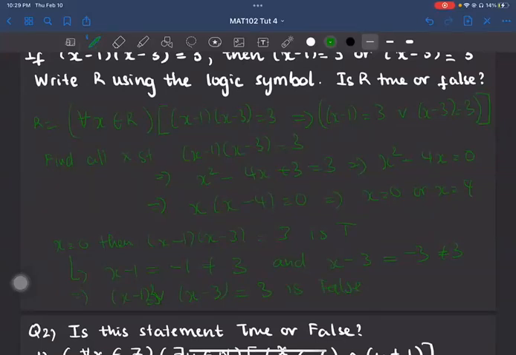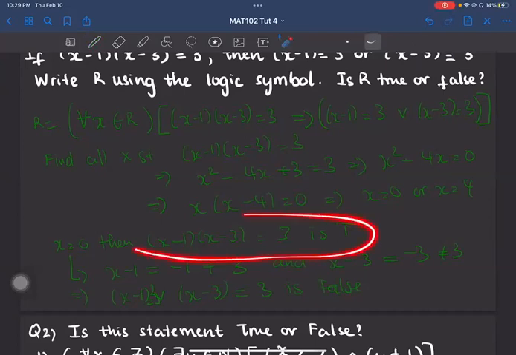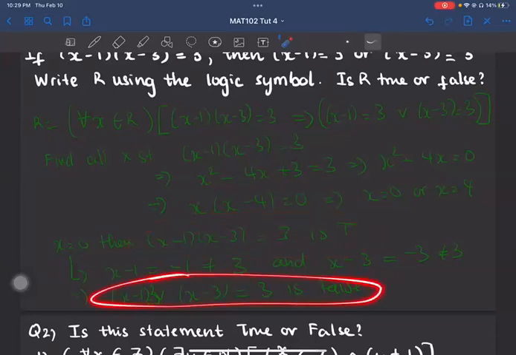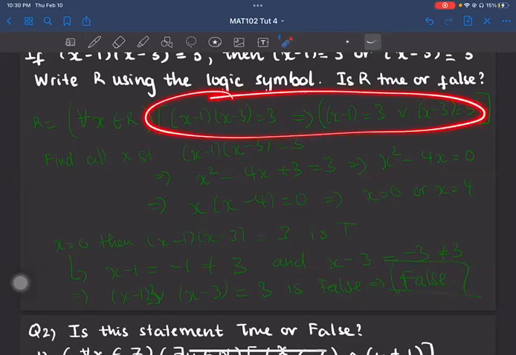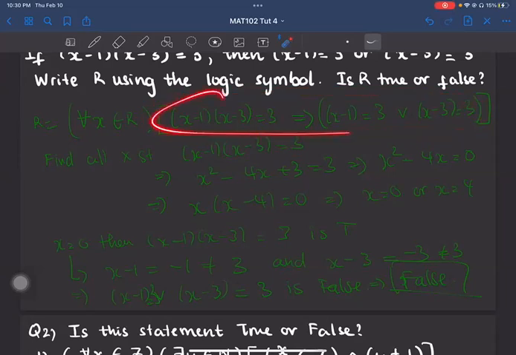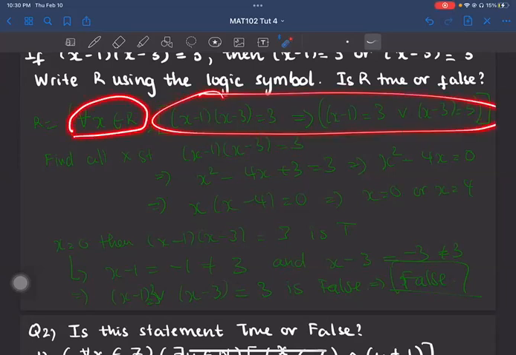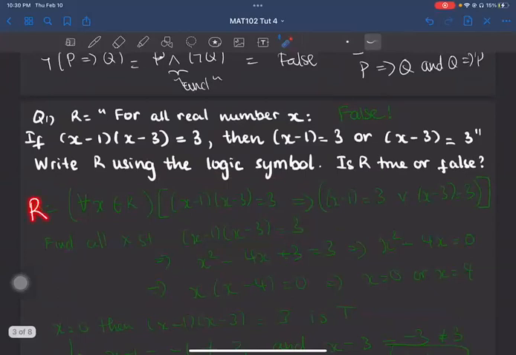So when x equals 0, the if is true. So P is true and Q is false. So we have the implication true implies false, which is false. When x equals 0, the predicate here is false, which means it is not true for all real number x. Therefore, the statement R is false.